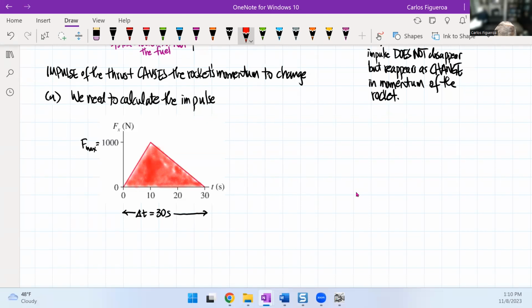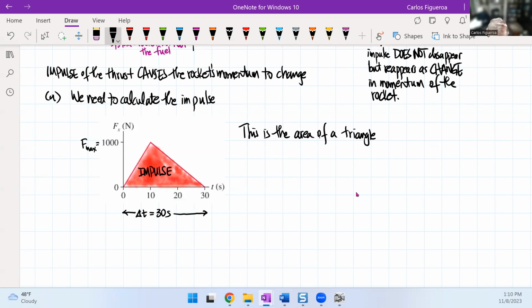When I calculate this area, this is what we call the numerical value of the impulse. So when I look at this, we can see that this is the area of a triangle.